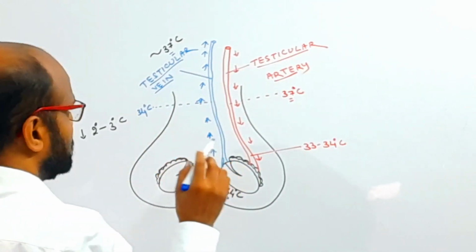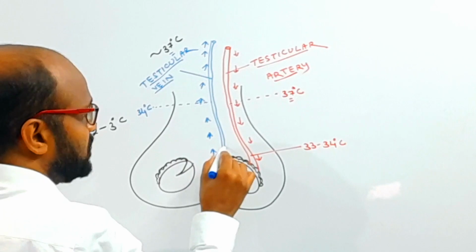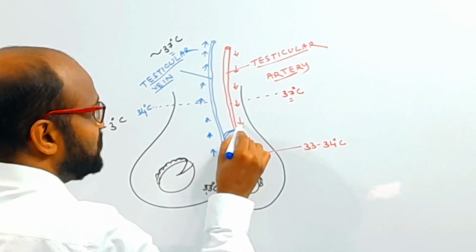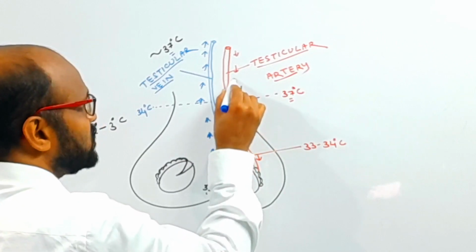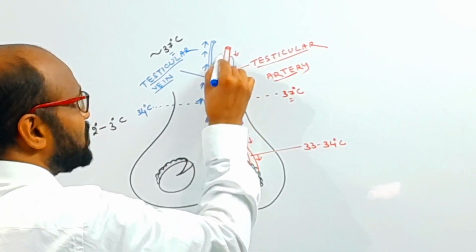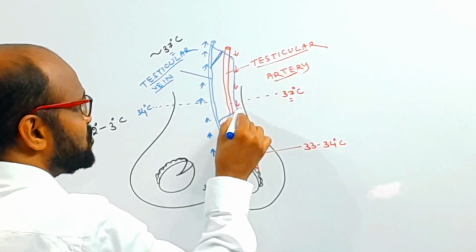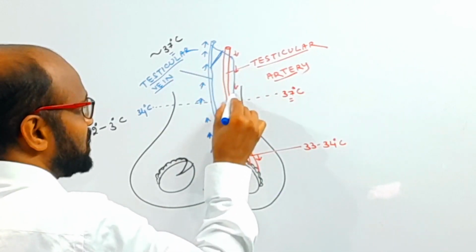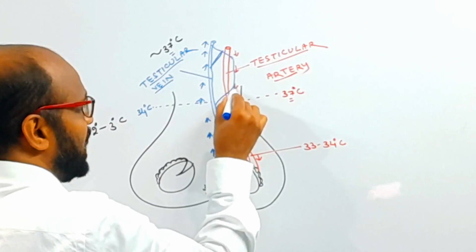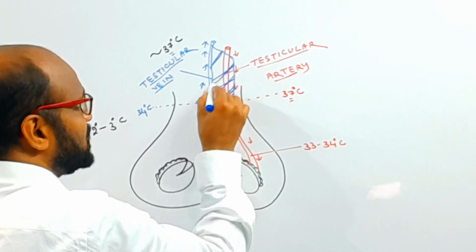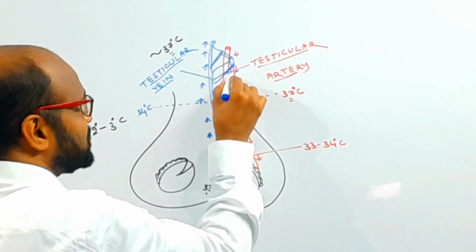How is it possible? The testicular vein forms branches around the testicular artery. So this is the testicular artery, and the branches are formed around it.